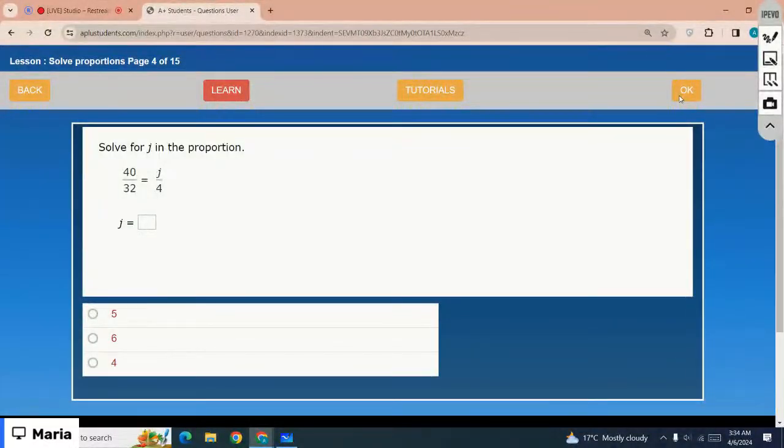Yes, that is 5. It is option number 1 is the correct option.